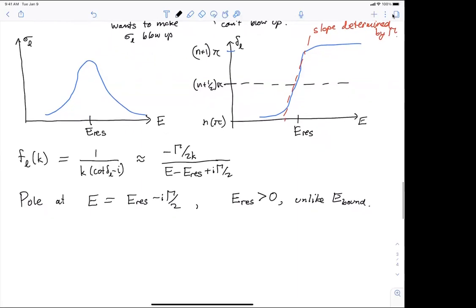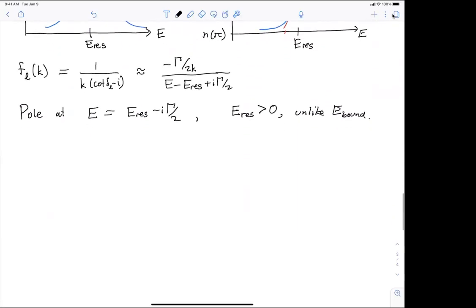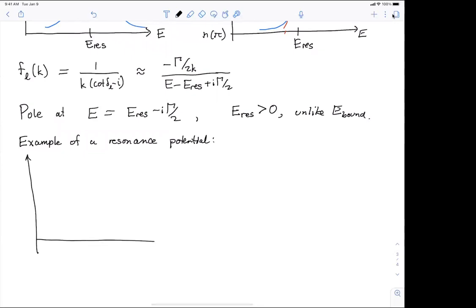So just to give an example of what a potential would look like that could give you a resonance like this. This is an example of a resonance potential. The general feature that they have looks like this. You have it go to infinity at small r and does something like that maybe.